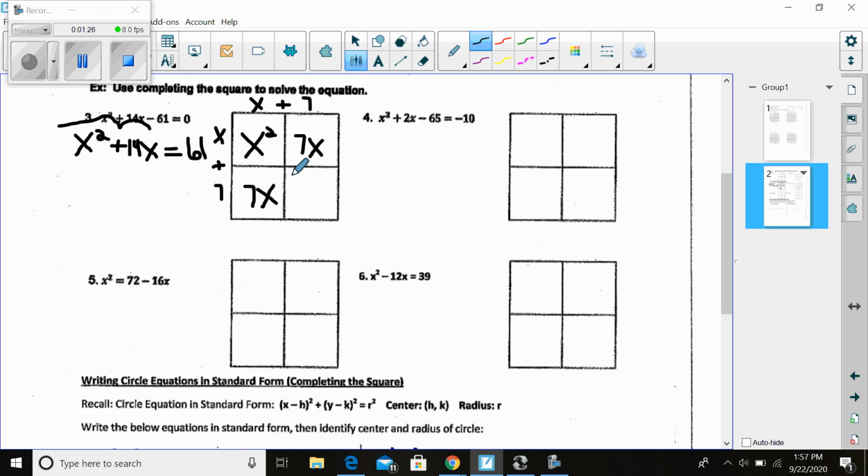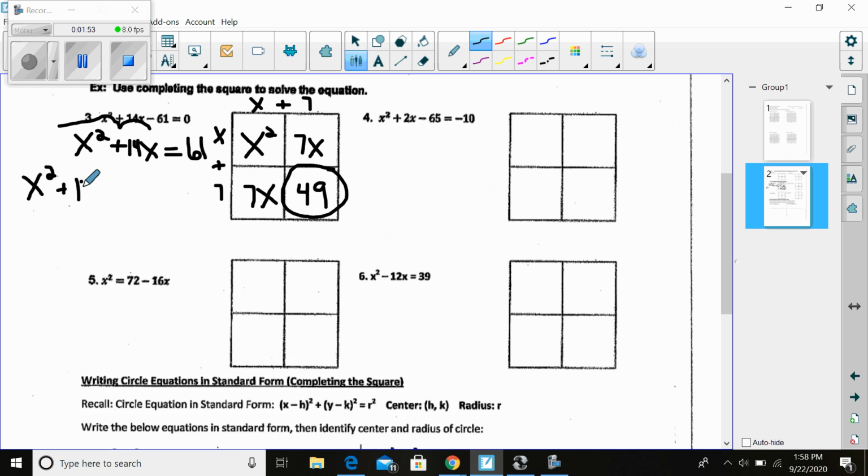And then I have to figure out, what do I need in here to complete the square? I have 7 units going this way, 7 units going this way, which means I would need 49 units to complete my square. So I want to add 49 into this. The only way to do that legally is, when I have an equation, I do the same thing on both sides.